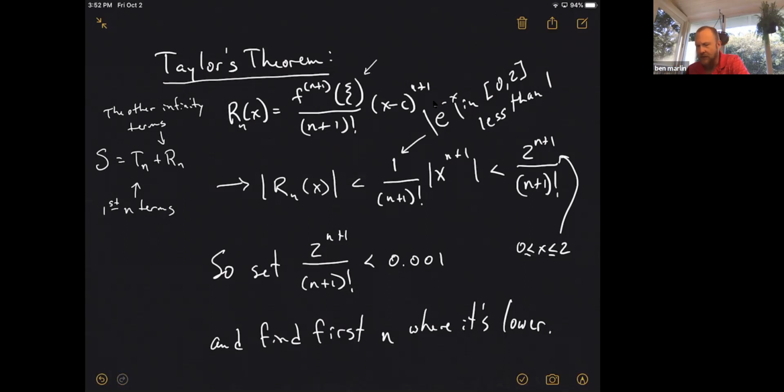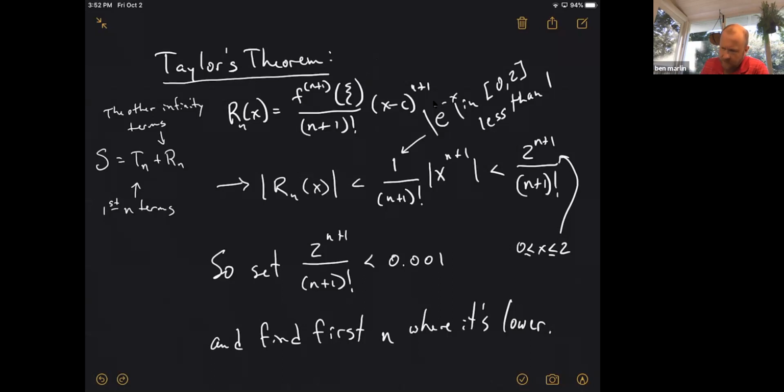And traditionally we use that variable, I think it's called psi, but I always just write a squiggle, okay? Anyway though, f's next derivative evaluated at some number between, and we have no idea which number between, divided by n plus 1 factorial, and then times your x minus c to the n plus 1, okay? I will not try to prove that for you, and I will not burden you with having to know the proof, okay?